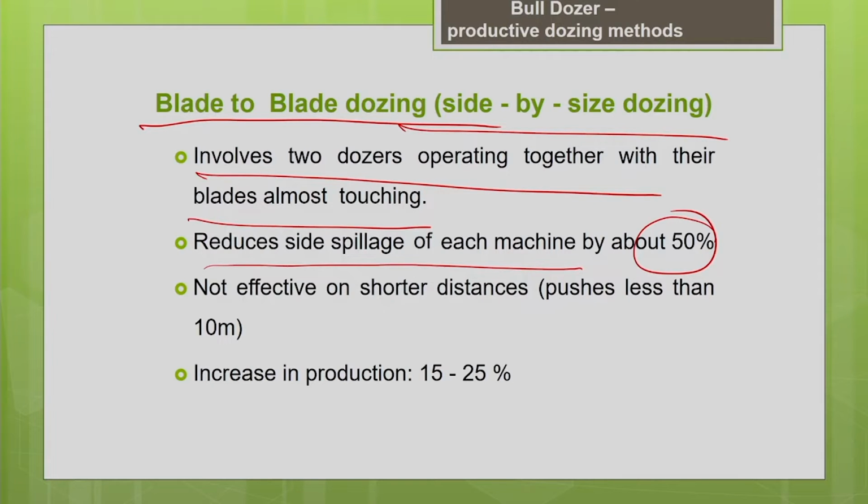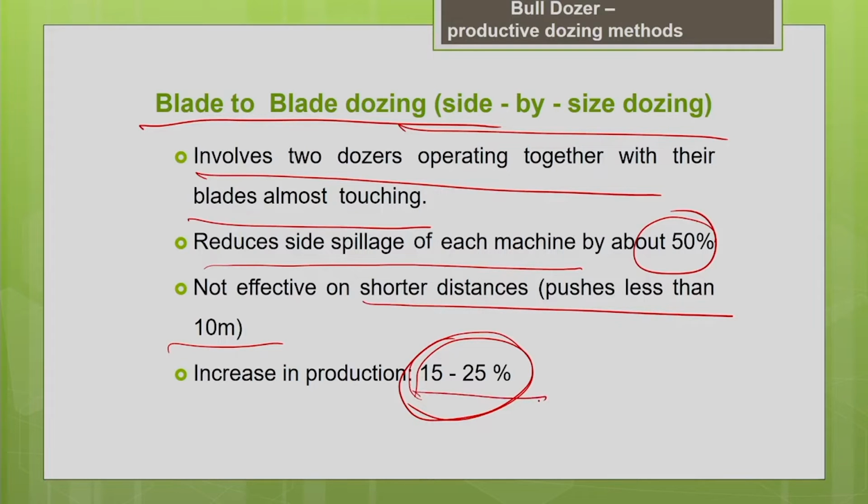But as I told you, some time is needed for maneuvering, so I cannot use it for a very short distance, say less than 10 meters. Because of the increase in maneuvering time, the effective increase in production will be about 15 to 25%.